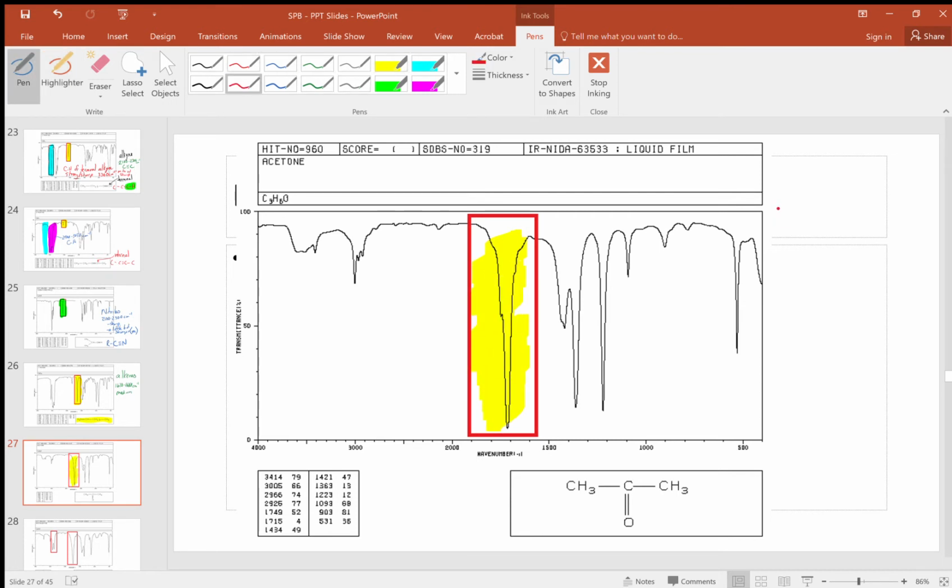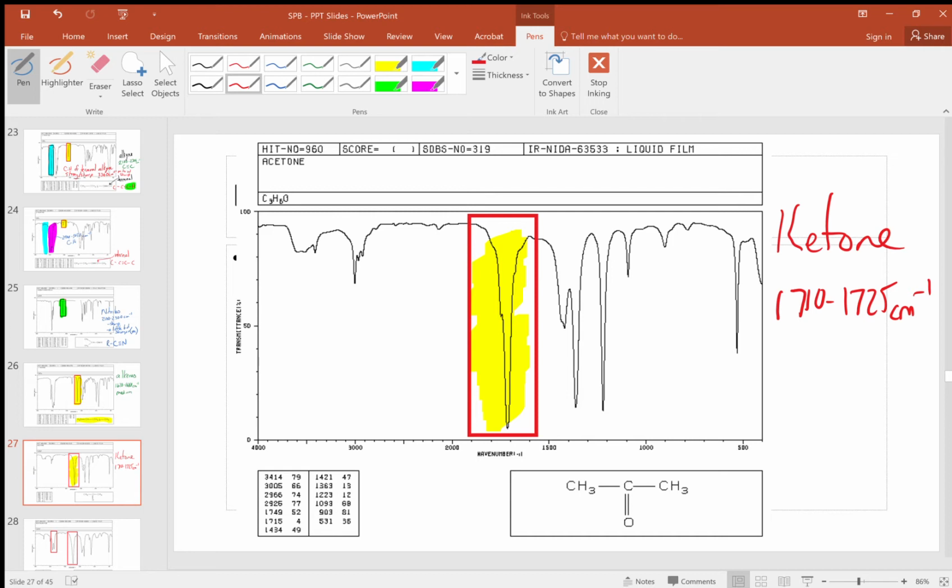So here we have a ketone. Ketones generally start in the range of 1710 to 1725. Now, it's especially important to note, especially now that we're dealing with carbonyls, that these ranges are a starting point. We can still have ketones that show up above 1725.